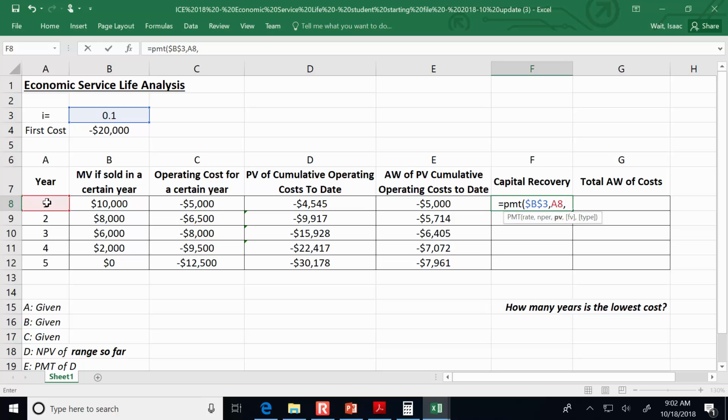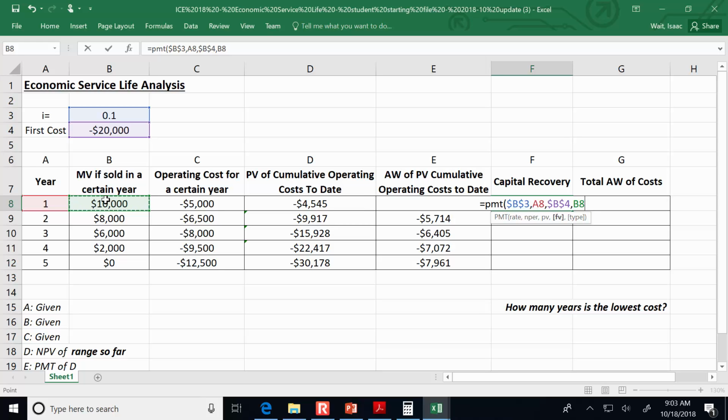The present value is going to be the first cost, and we need to anchor that because it's always going to be looking at that. And then the market value is going to be whatever row, the market value associated with the number of years we're using for this row.